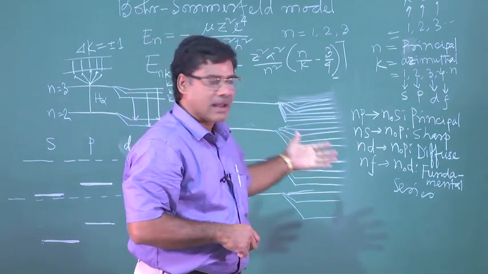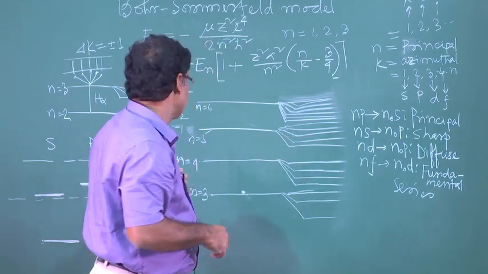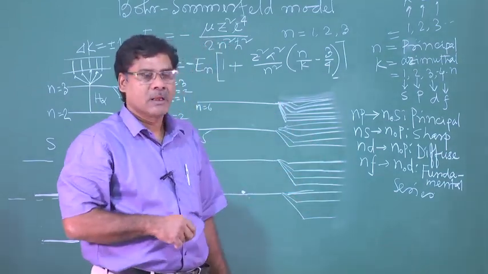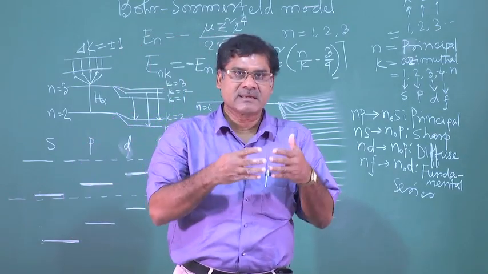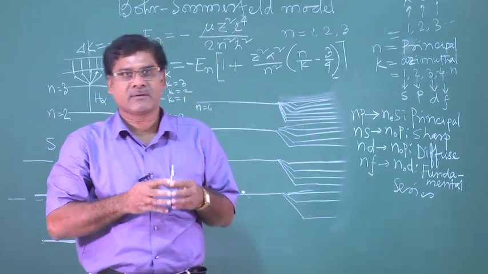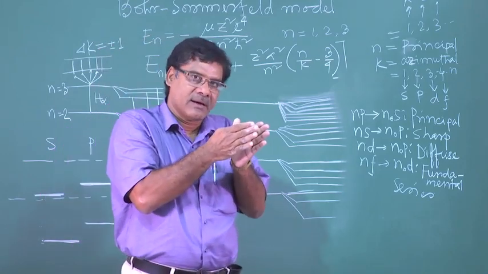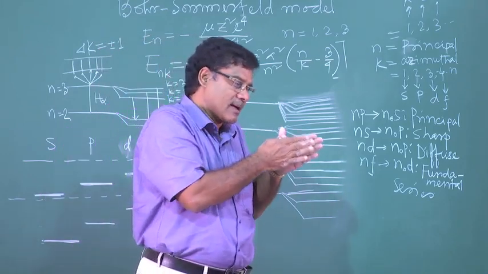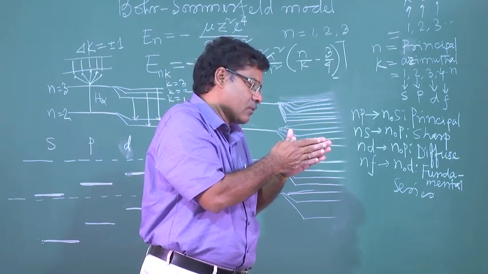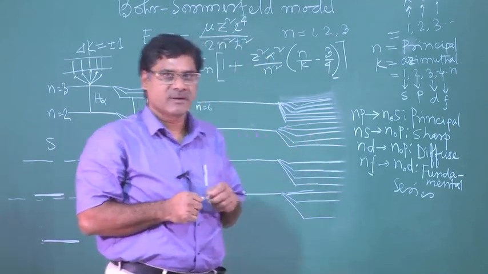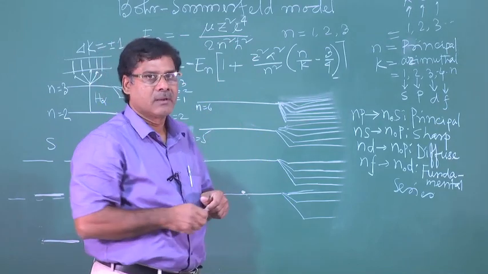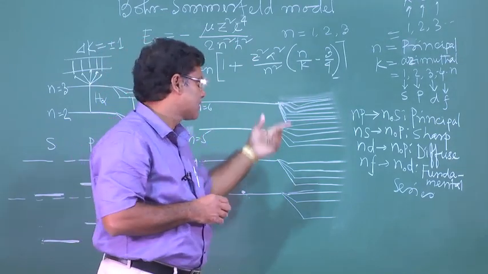Here, for all alkali atoms one can see these. Here we have considered sodium. These series are similar to the hydrogen atom series, meaning the separation between the spectral lines decreases and it goes towards the series limit. Okay. Whatever we have seen for the Balmer series and Lyman series, here also we observe similar series.